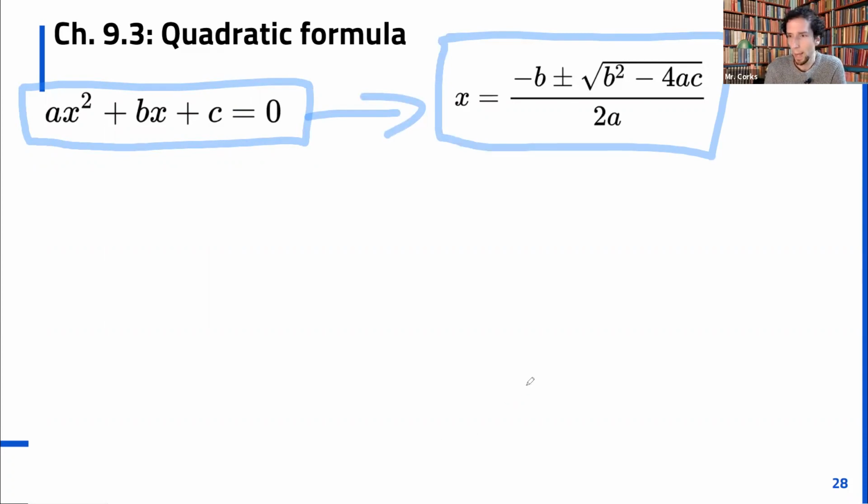In your math classes, negative b plus minus the square root of b squared minus 4ac, over 2a. Sorry, Mirabos, I'm just looking at your comments here. Are you not including the over 2a? Yeah.